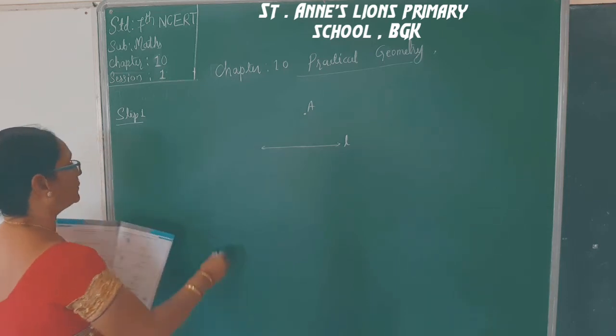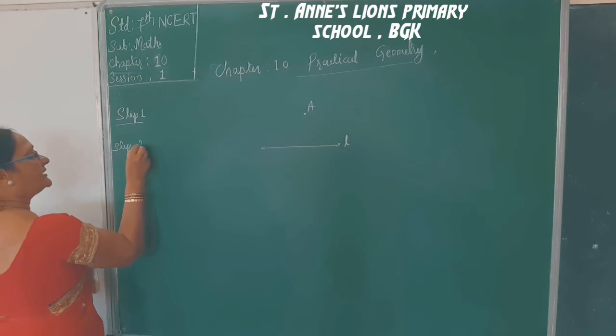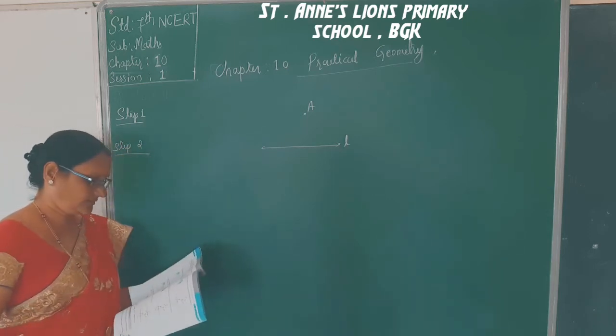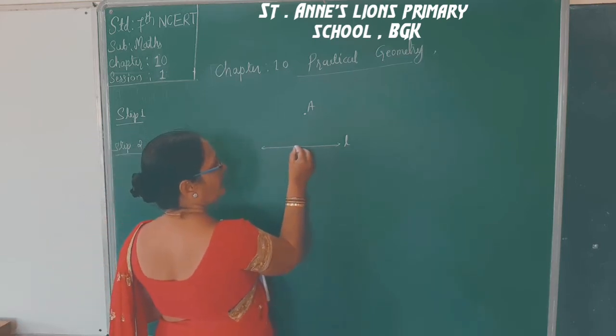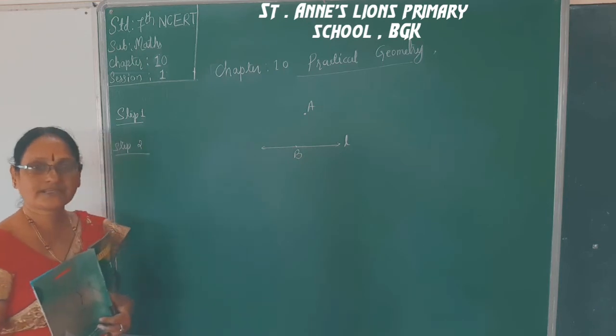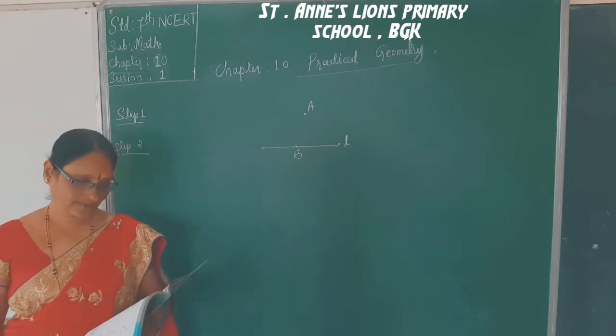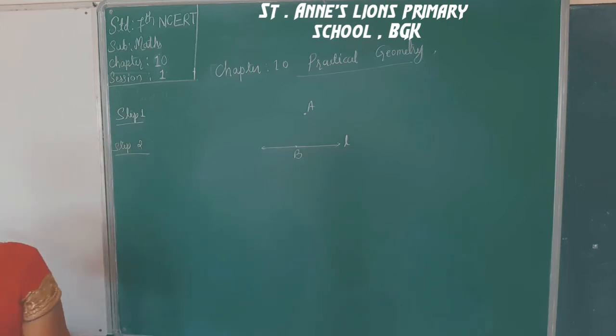Now, what is step 2? Take any point B on L. Here I will just mark point B, on the line L. And with B as the center and convenient radius, draw an arc.